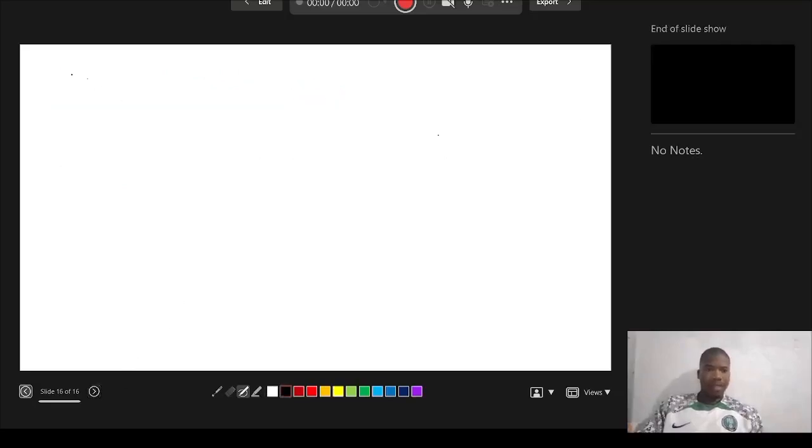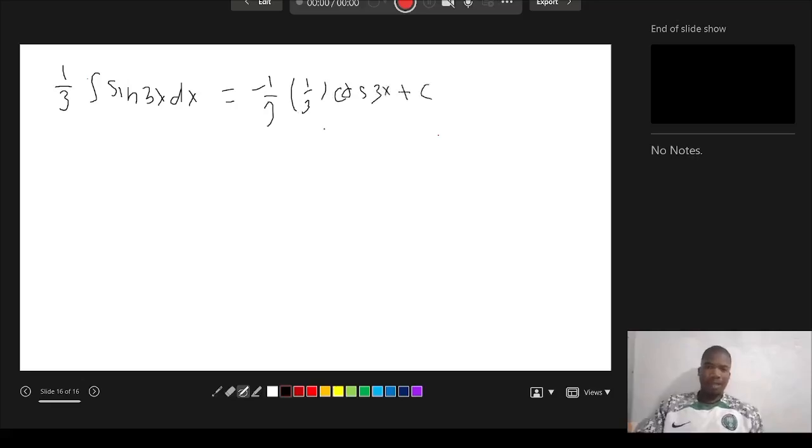So we say that it is 1 over 3 integral sine 3x dx, right, is equal to minus 1 over 3 multiplied by 1 over 3 cos 3x plus c, right?